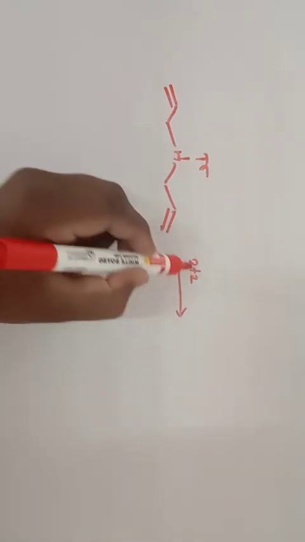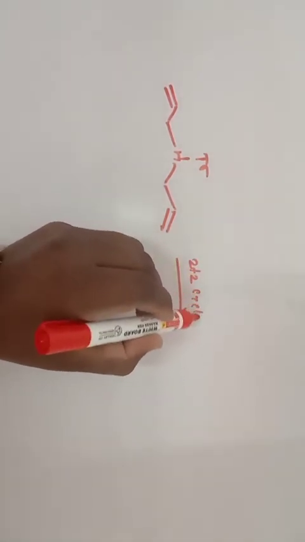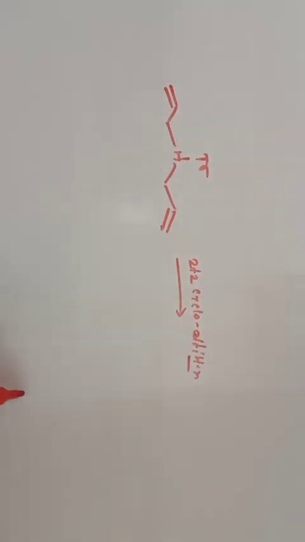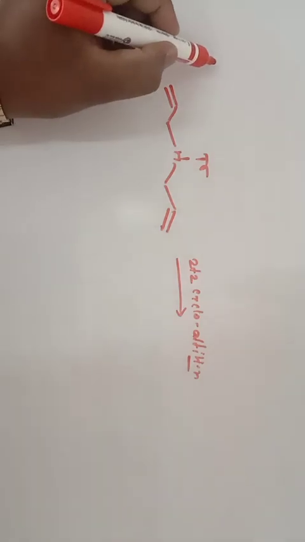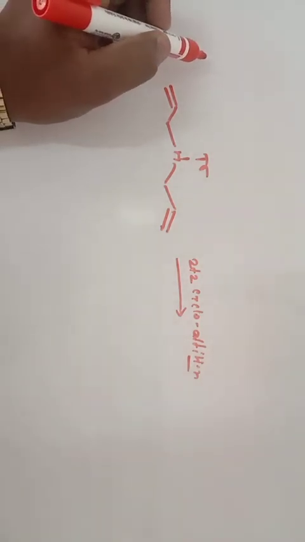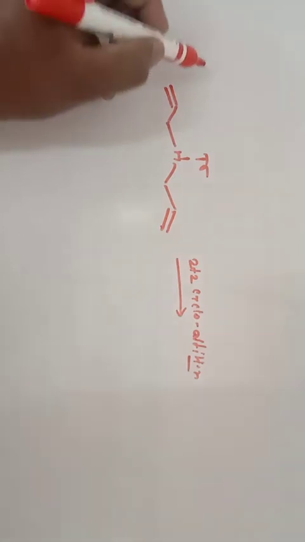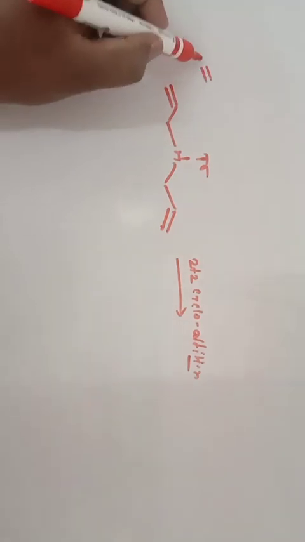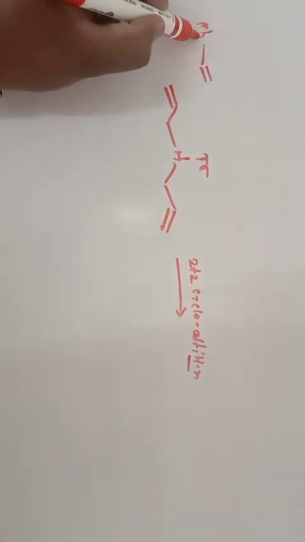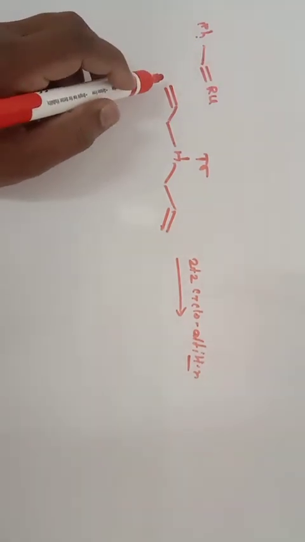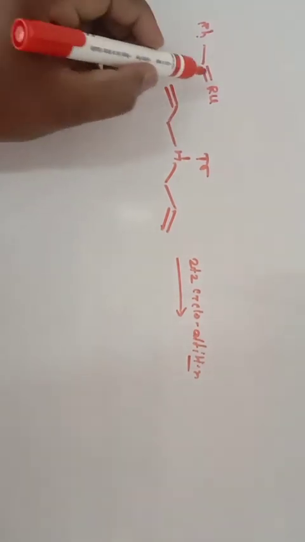You are very much familiar with this 2 plus 2 cycloaddition reaction. The ruthenium catalyst will interact with the double bond. This is your Ph, this is your ruthenium, and the PCy3 group we denote by a simple R group.